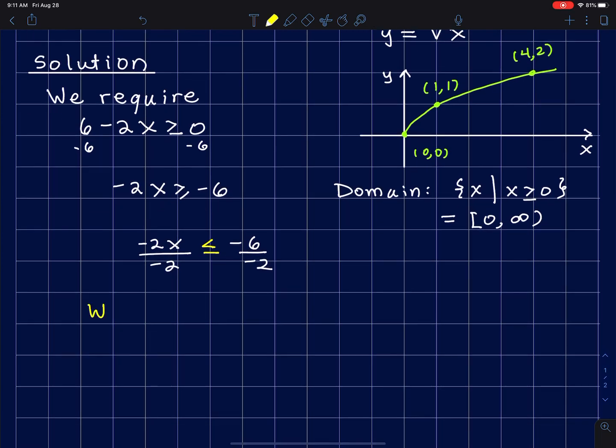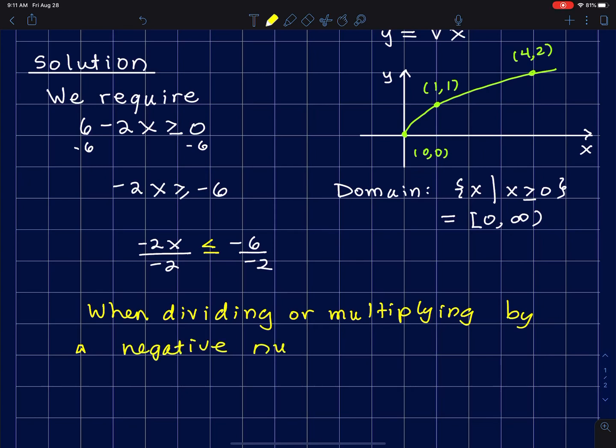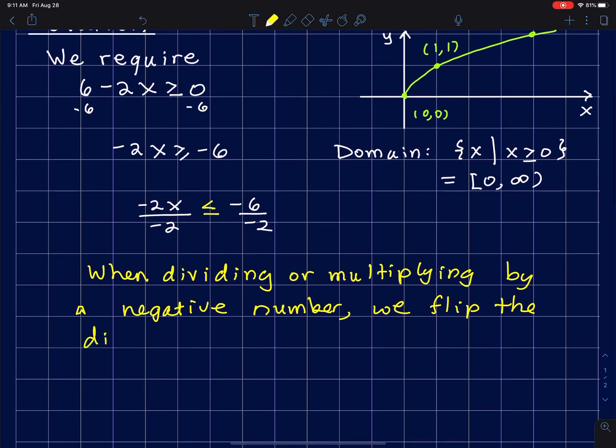When dividing or multiplying by a negative number, we flip the direction of the inequality.